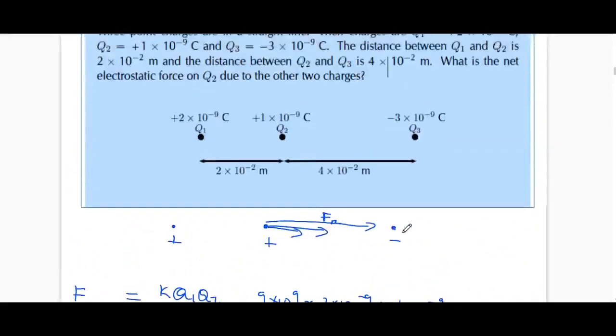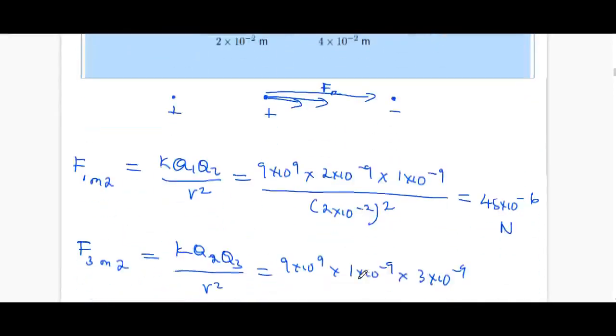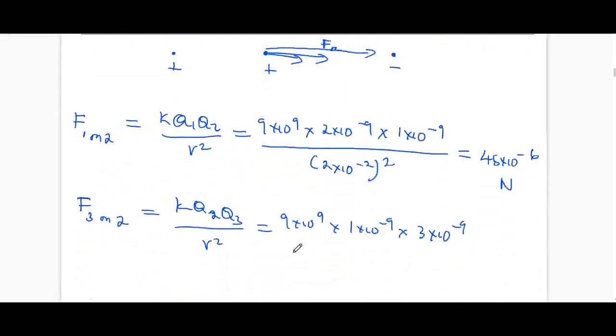Don't forget we don't involve negatives in this equation, because we are calculating the magnitude of the electrostatic force.